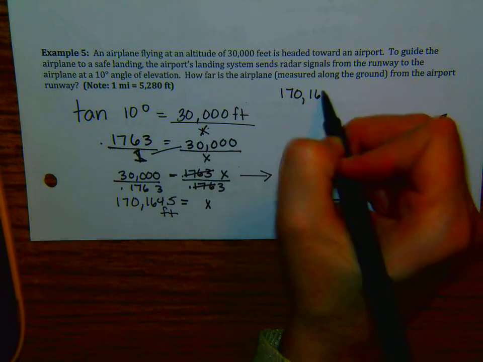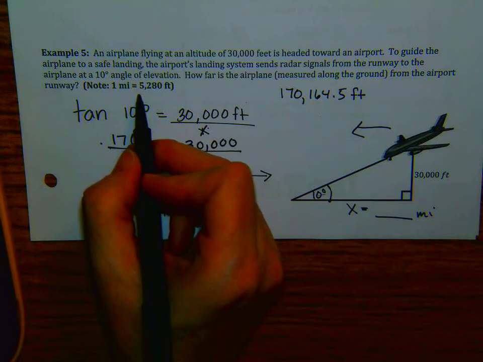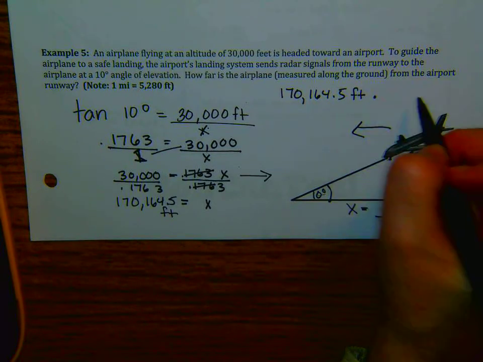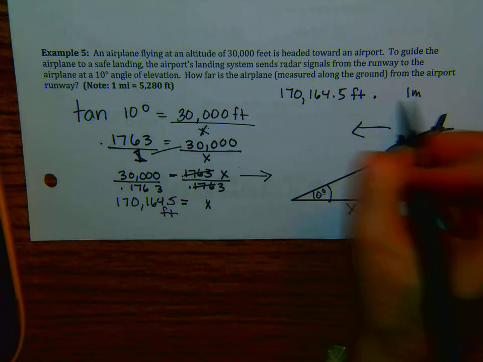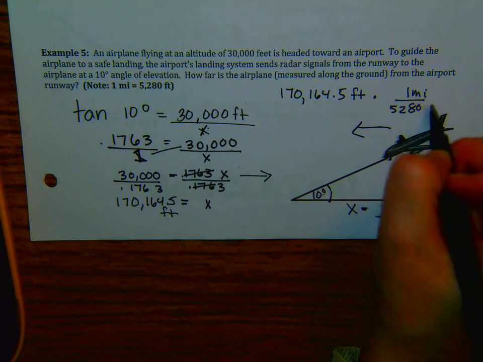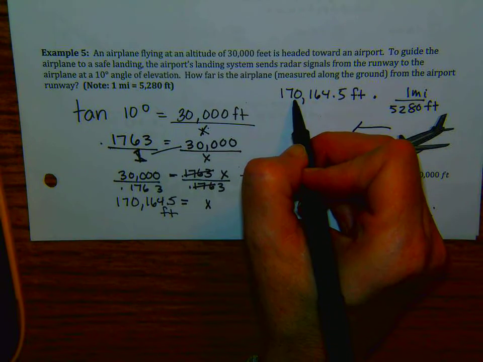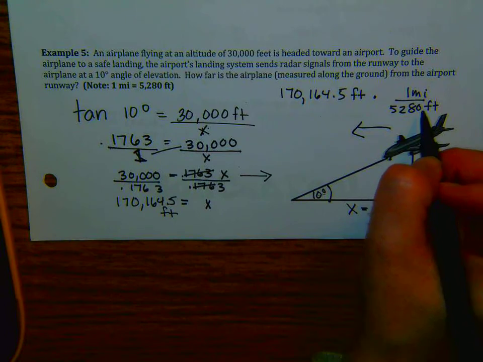So I take 170,164.5 feet, and they've given us the conversion. So when I do conversions, I have 1 mile for every 5,280 feet. So I divide this many feet by 5,280 feet per mile. Cancel out the feet, and that will leave me with miles.